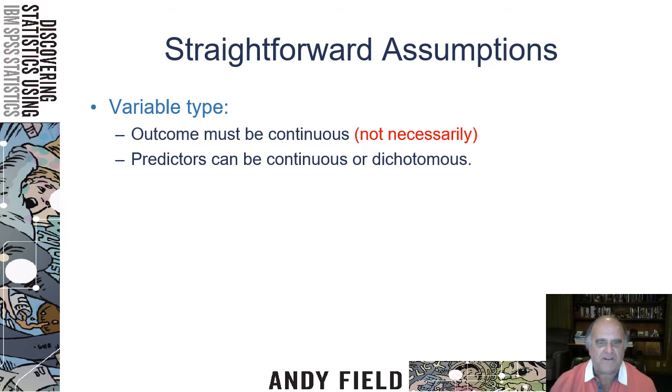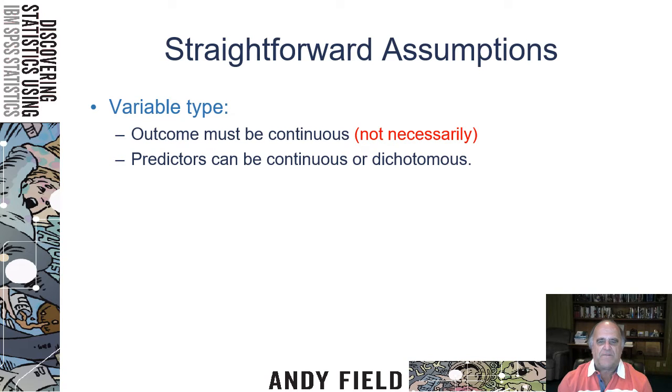Okay, so again, there are some straightforward assumptions we can make in terms of variable type. As we said last time, the outcome variable, the y variable, is usually going to be continuous. It doesn't have to be, even though he says that's an assumption. Because again, if it's not continuous, if it's dichotomous especially, we're probably going to run a logistic regression.